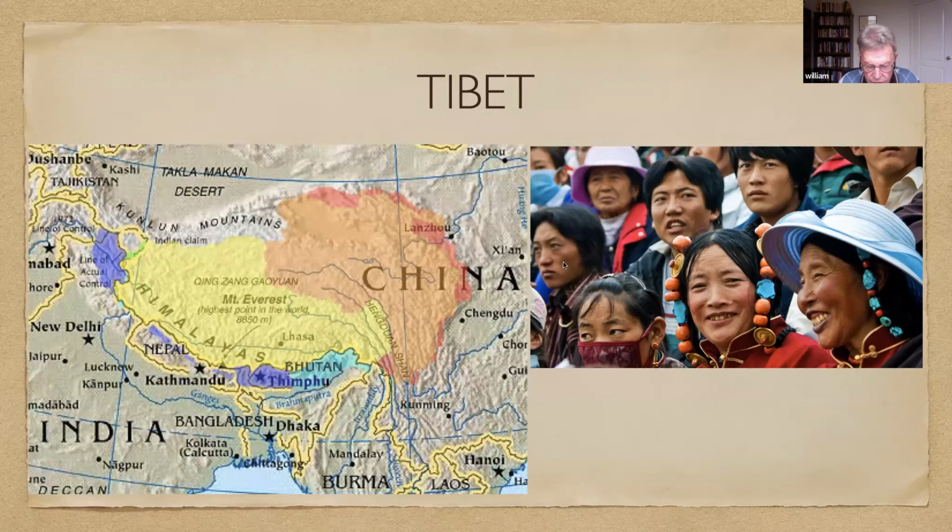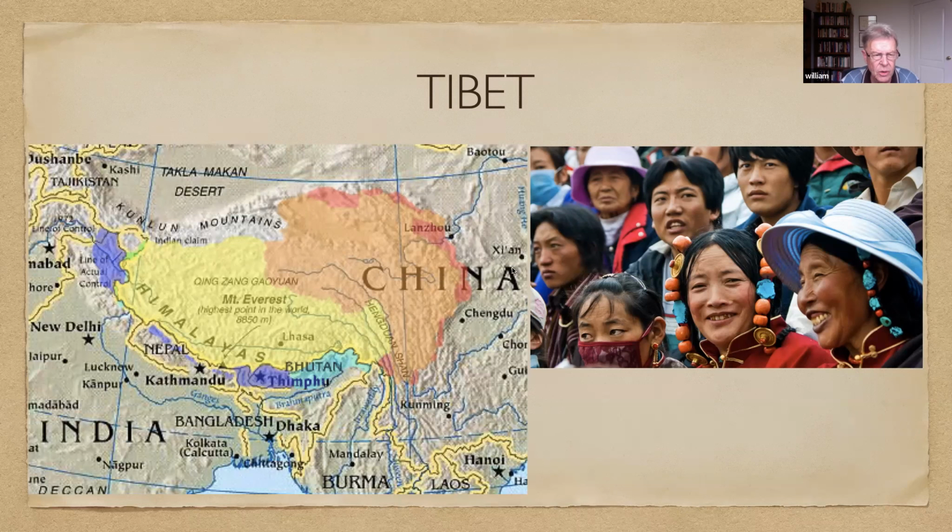It's the highest region on Earth, average elevation of 14,000 feet. When I was in Nepal, we got up to about 14,000 feet. And being outside for about 15 to 20 minutes, if you're not used to that, I started to feel lightheaded. So the average is 14,000 feet.